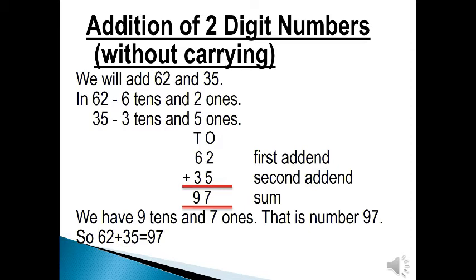We have 7 ones and 9 tens. That is the number 97. So, 62 plus 35 is equal to 97.